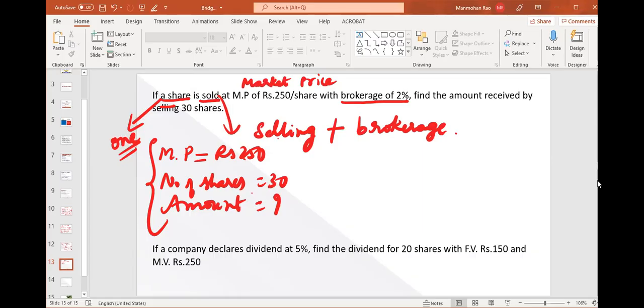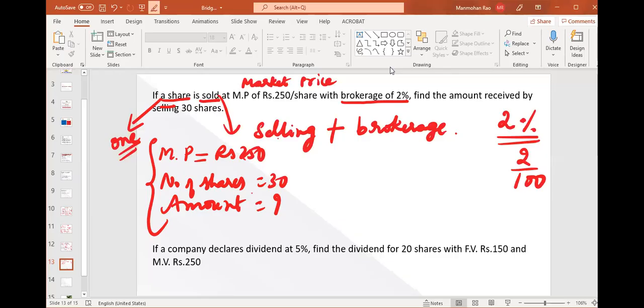Let's calculate. Suppose you sell one share. How much do you need to give the broker? Let's understand 2%. For 100 rupees of business, 2% means 2 for 100. The broker will take 2 rupees. If you sell one share, the broker will get 2 rupees.